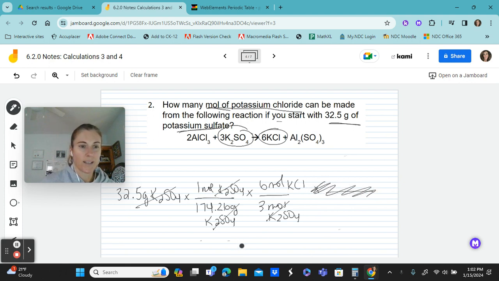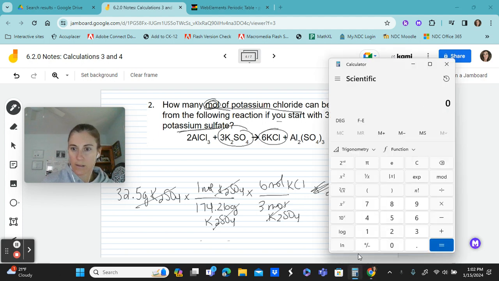So we are done actually because we want moles of potassium chloride. So 32.5 times 6 divided by 174.26 divided by 3. So we get 0.373.